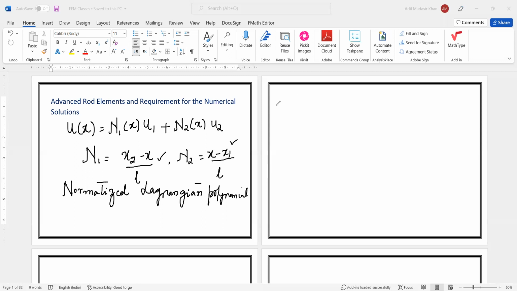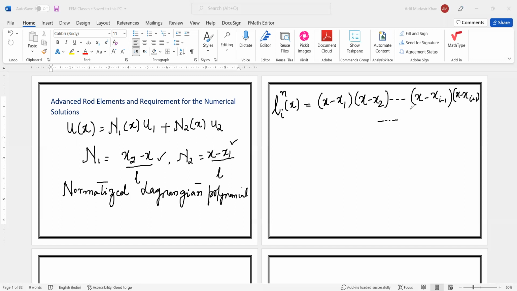Well, as far as the Lagrangian polynomial is concerned, the Lagrangian polynomial is defined as Li as a function of x of order n is equal to (x minus x1) into (x minus x2) into (x minus x3) and so on, into (x minus x(i minus 1)), into (x minus x(i plus 1)) and so on.